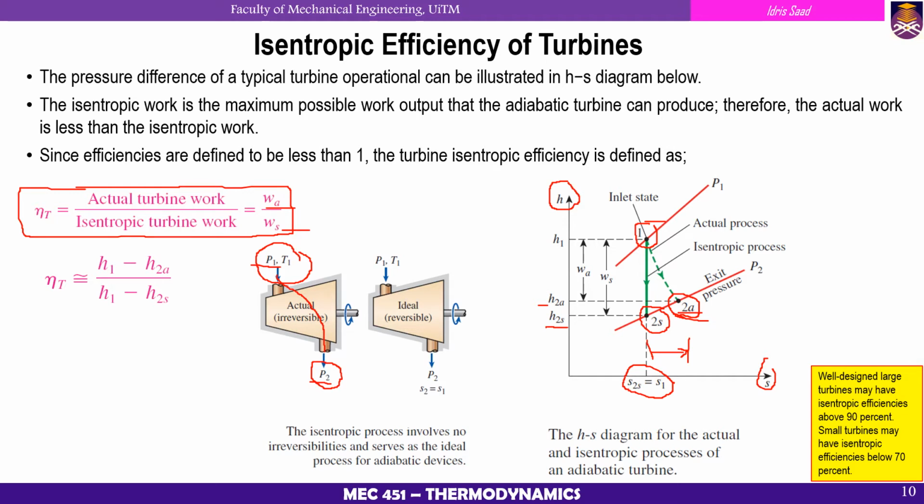WA is calculated as H1 minus H2A, and isentropic turbine work, WS, is defined as H1 minus H2S. Please remember, this is smaller, this is bigger. Smaller divided by bigger, you never get more than 1.